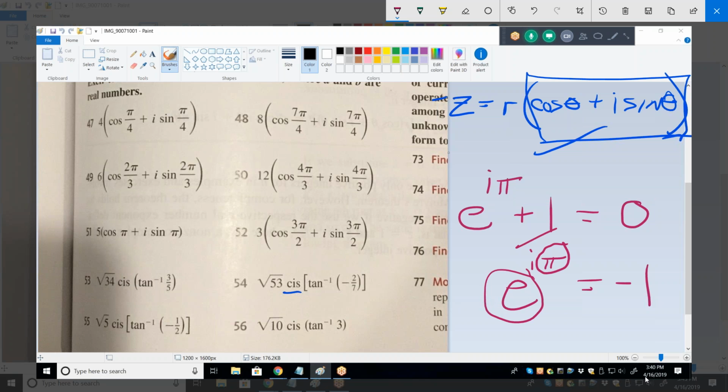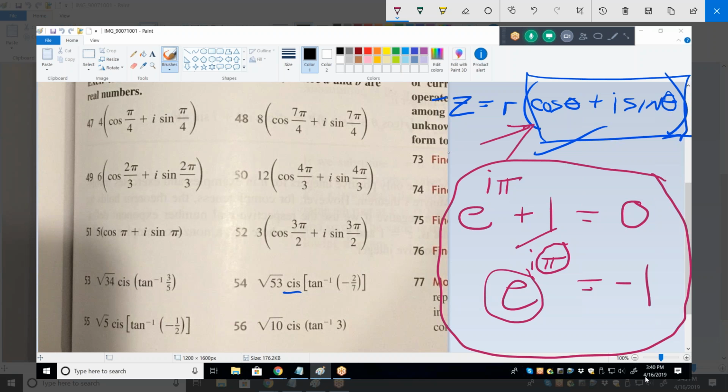This is an imaginary number. And e to the i pi is equal to -1. I watched an MIT lecture once that started with that, and you can derive all of this from that. Pretty amazing.